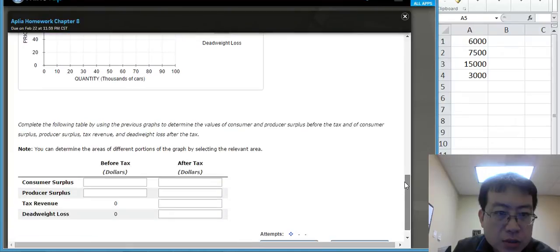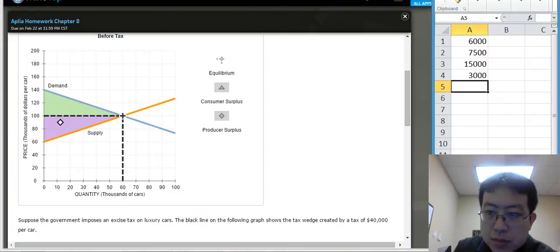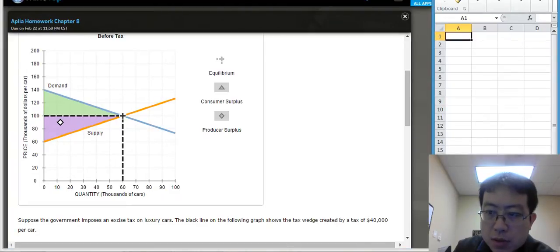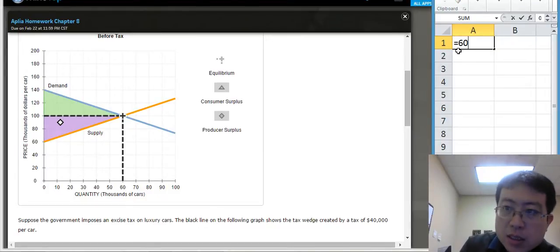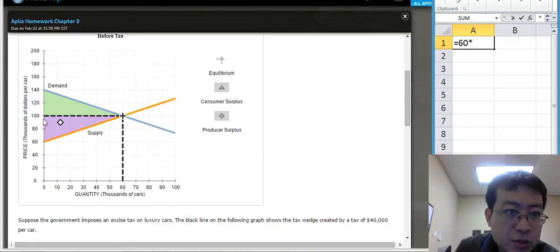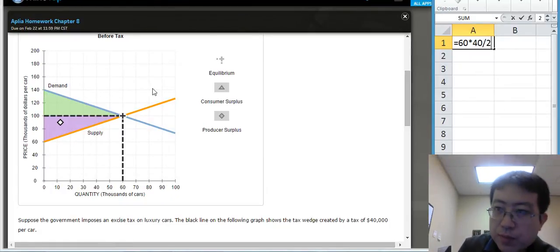All right. So before tax, let's do the numbers for our consumer surplus. Again, the area of a triangle is base times height over 2. So the base, let's say, is from 0 to 60. So 60 times the height, from 100 to 140, that's 40, divided by 2.